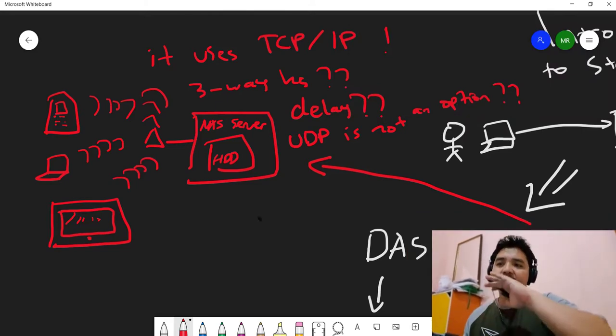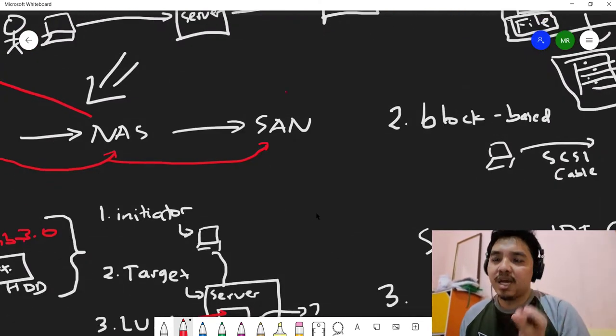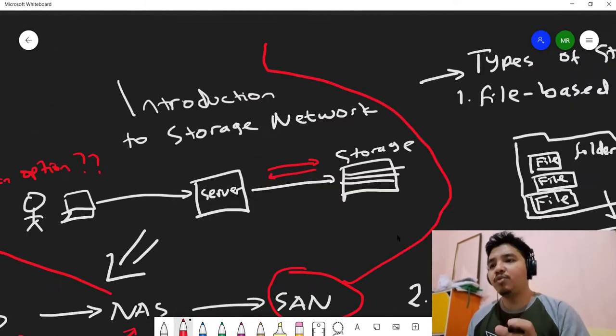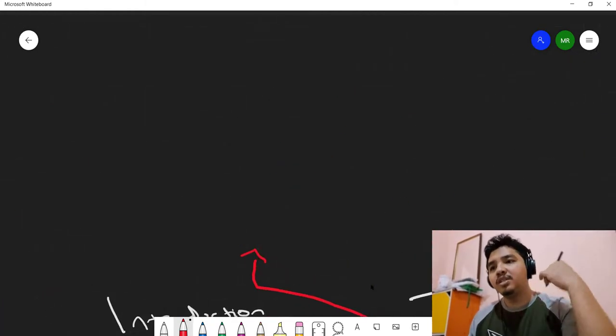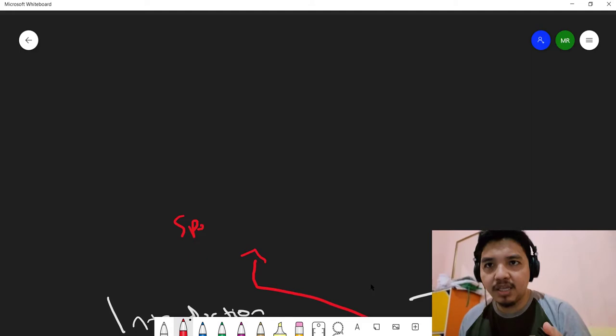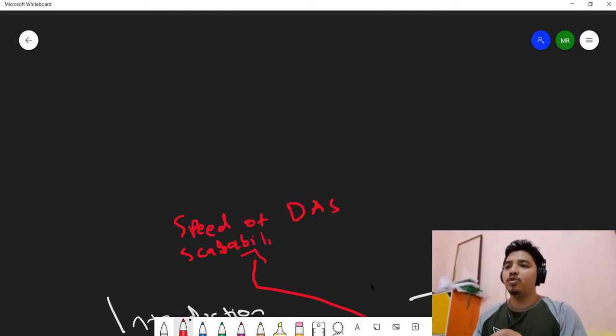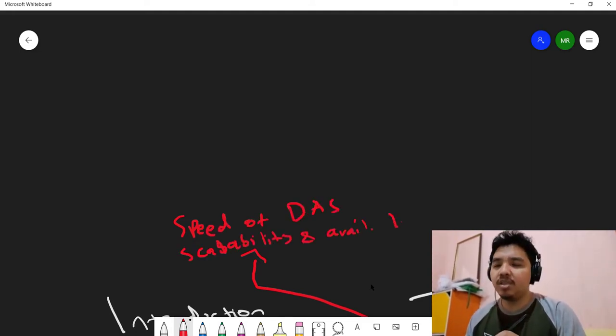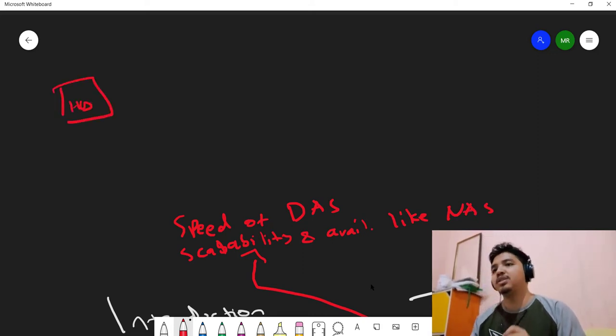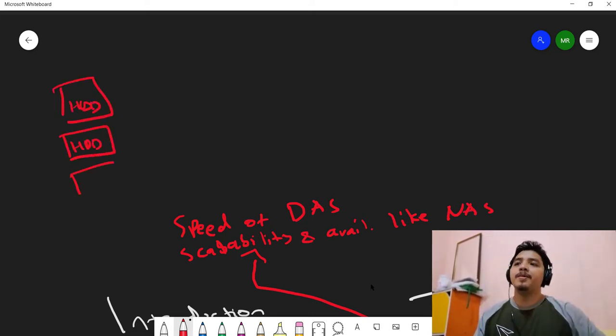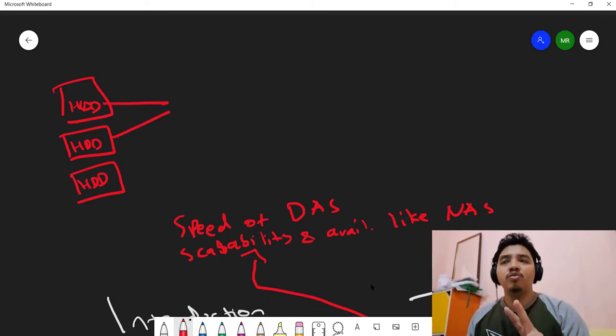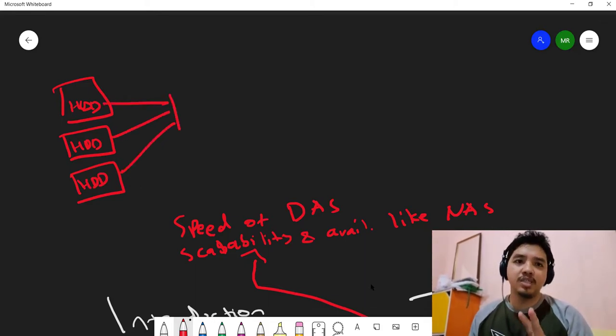And it leads us to the SAN, Storage Area Network. We want to combine the speed of directly attached storage with the scalability and availability of NAS, Network Attached Storage. So, there are two technologies in the SAN.